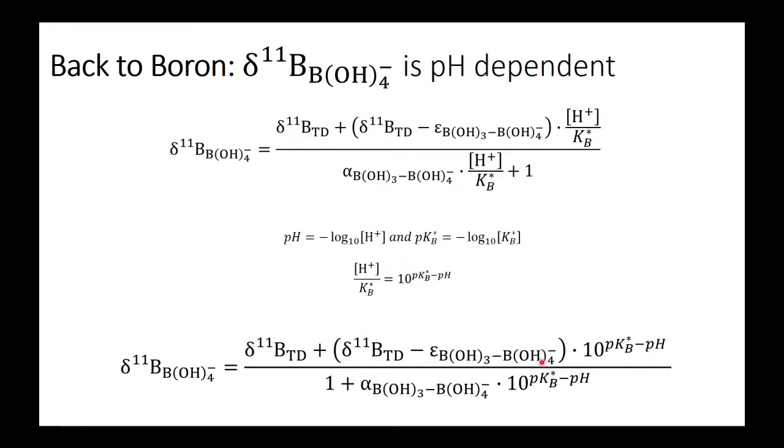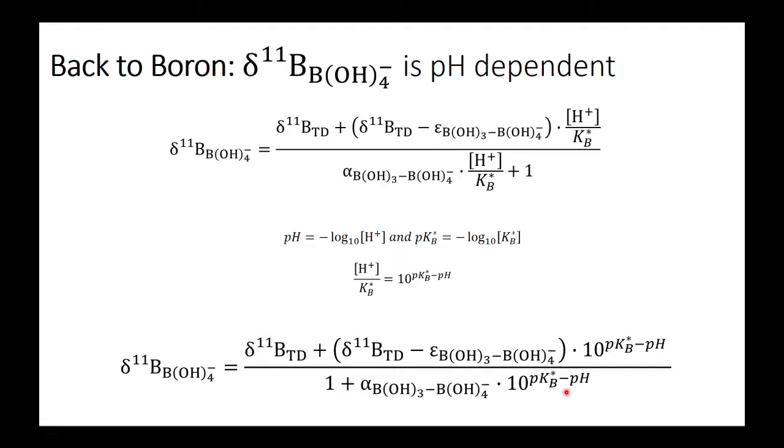Then we've got an equation that has hydrogen ions over KBs, and from the previous rules of logarithms that can be replaced with these terms here. If you haven't followed all of the maths up to here, it doesn't matter. What's important is that we've now got an equation that relates the isotopic composition of borate ion in the ocean to the pH.